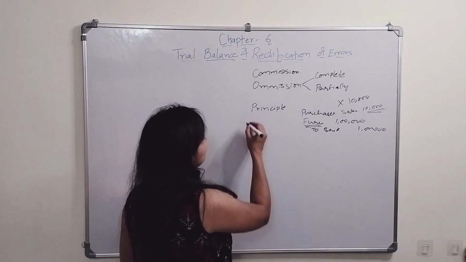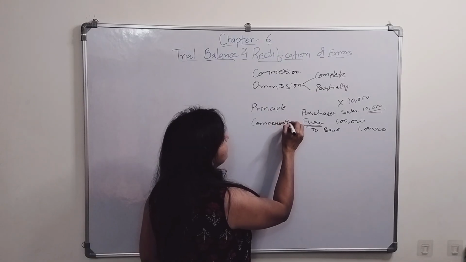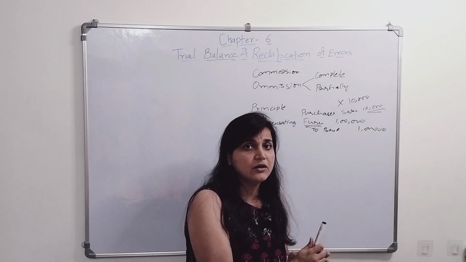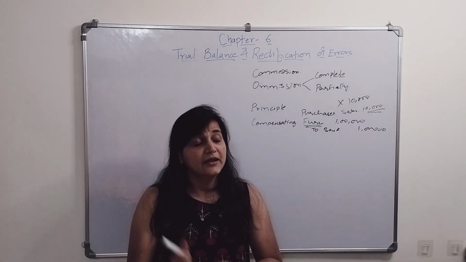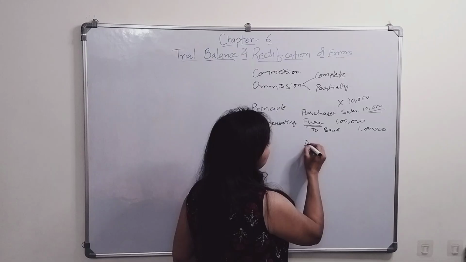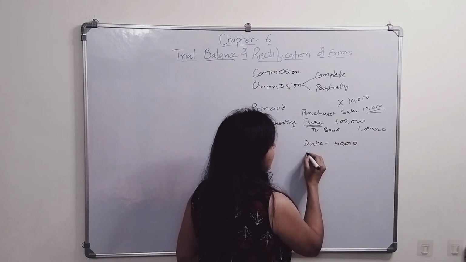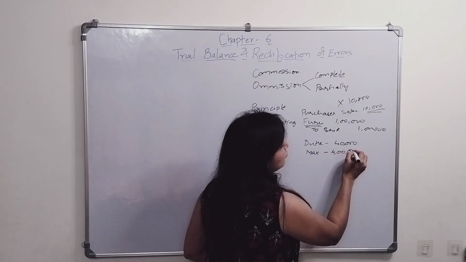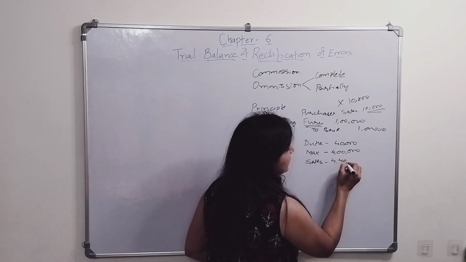And the fourth error could be compensating errors. When I say compensating error, it means I committed an error in one account, but because of the second account it got compensated. Let's say I sold goods to Duke worth rupees 40,000 and I sold goods to Max worth rupees 4 lakh. So my total sales was 4 lakh 40,000.